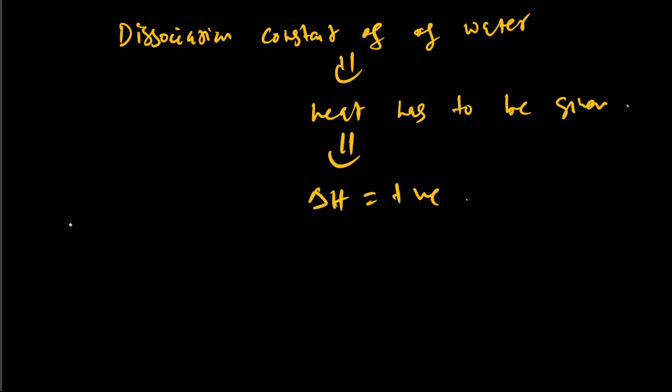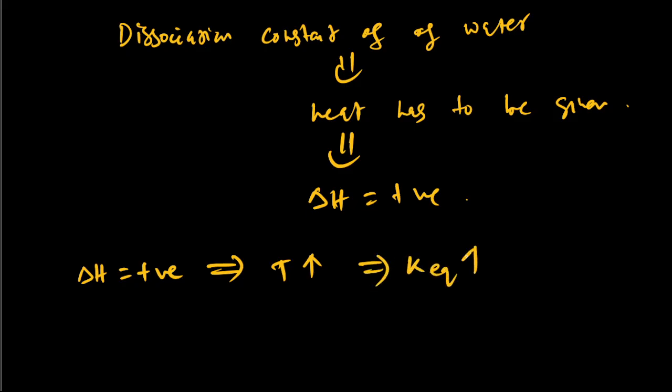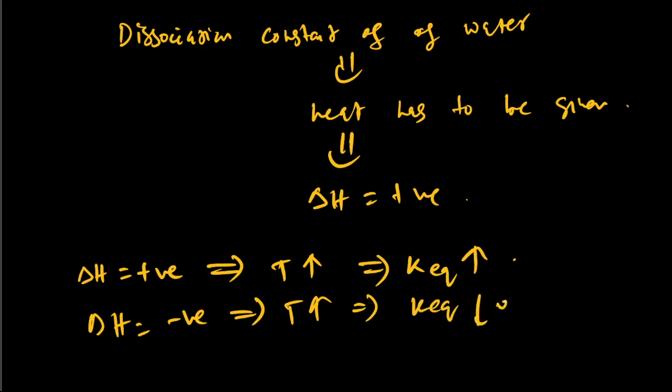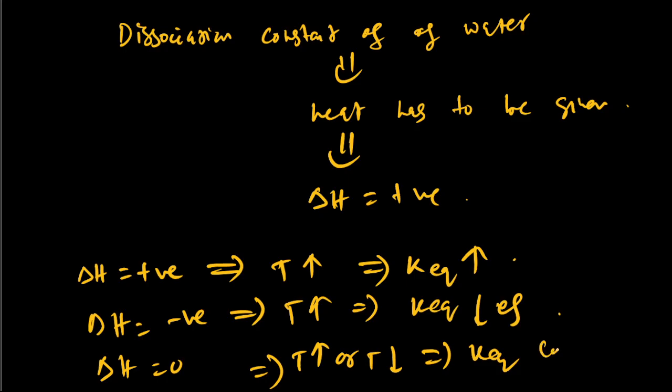So we know that for an equilibrium constant, if delta H is positive, then if T increases, K equilibrium also increases. And if delta H is negative, then if T increases, K equilibrium decreases. And if delta H is 0, then if you increase or decrease T, K equilibrium stays constant.